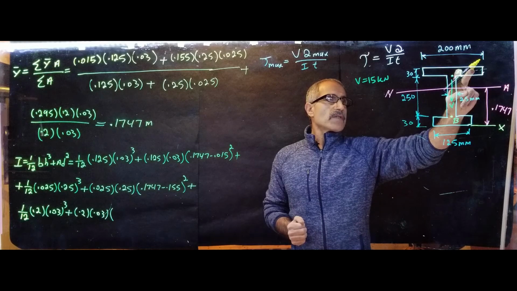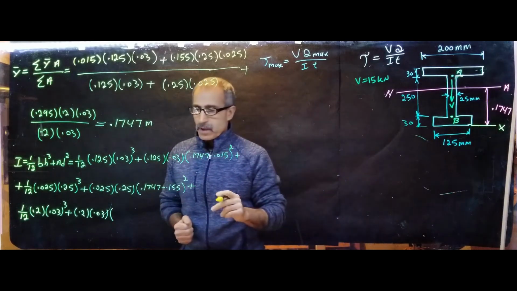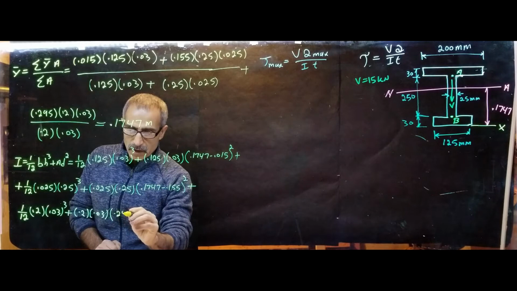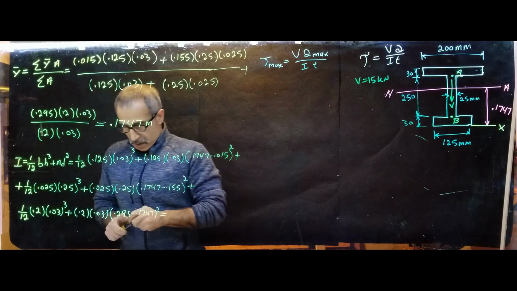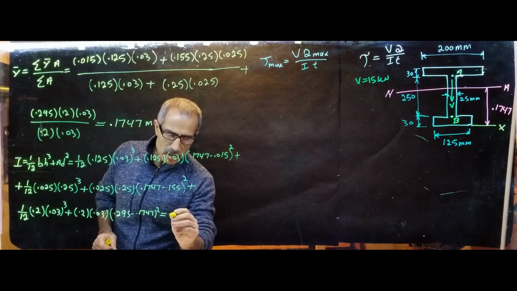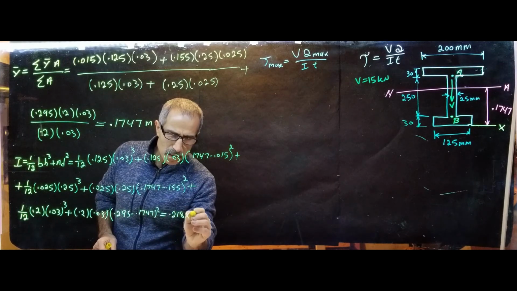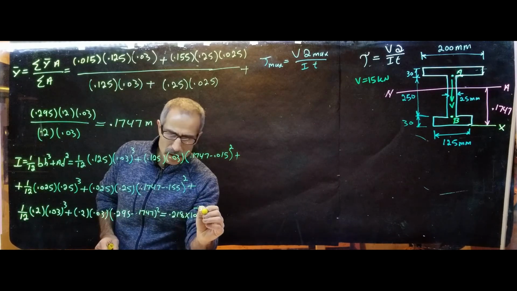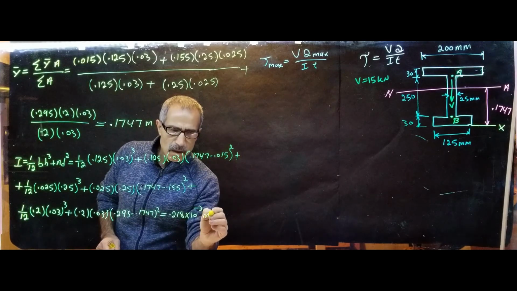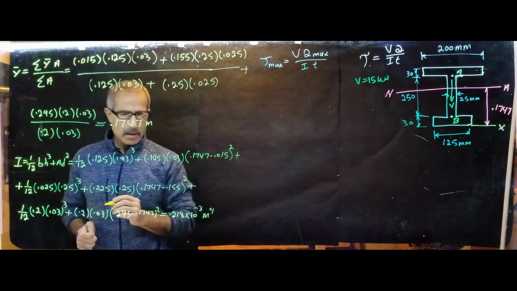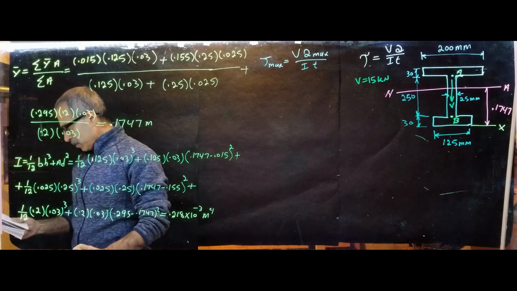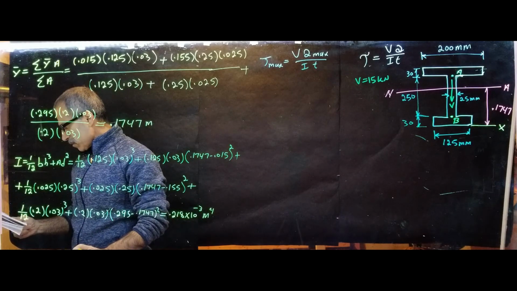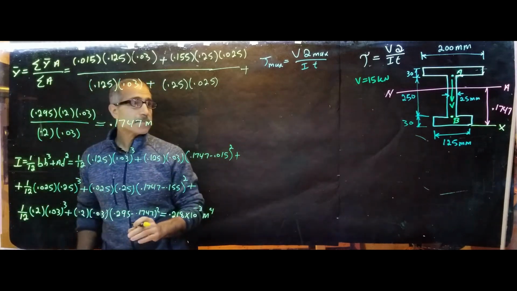So 0.295 minus 0.1747, squared. That's a lot. Okay, this comes out to 0.218 times 10 to the negative 3 meters to the fourth. All right, good. Let me double check that. Got it.